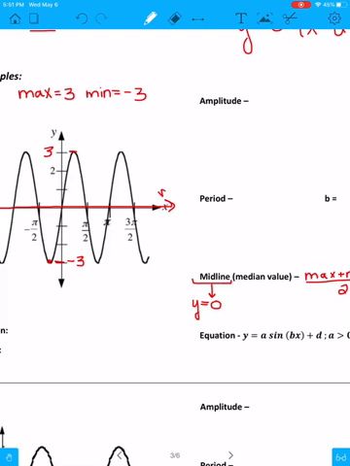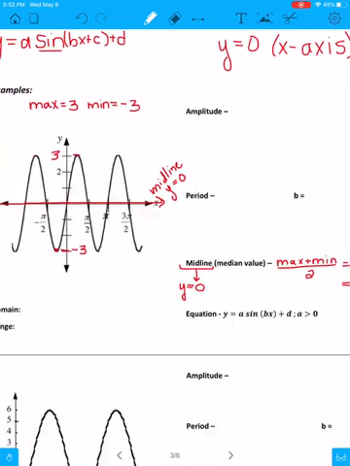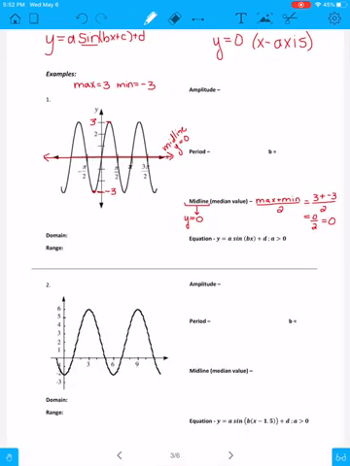It's our midline, and it's at y equals 0. So that's the line that cuts our graph in half vertically. So we should have the same amount above the graph for y values as we do below. And we do. We have 3 above and 3 below. So we know we found our midline correctly.